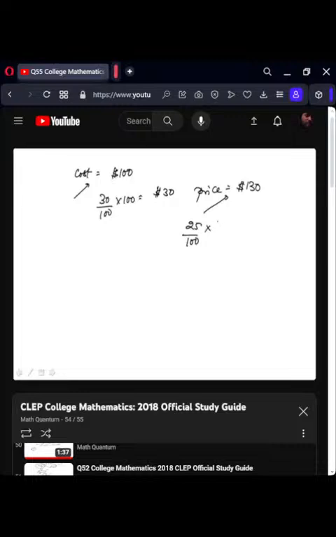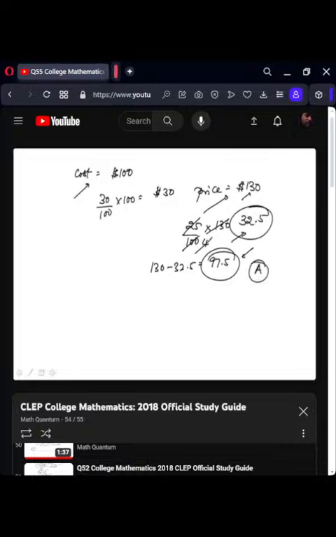So we're going to discount it by 25%, and that's going to be 32.5. I'm going to subtract that from 130, and it's going to give me $97.50. That would be the discounted price, which is choice A.